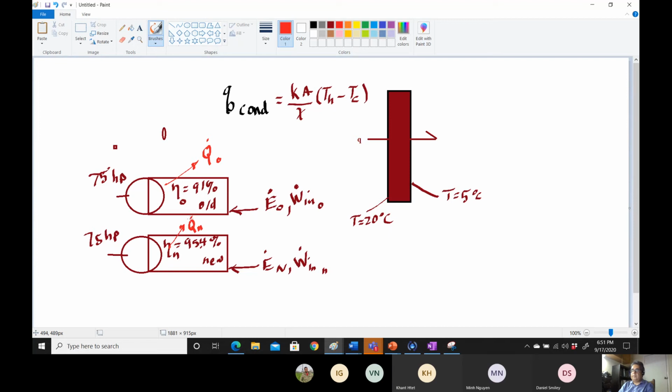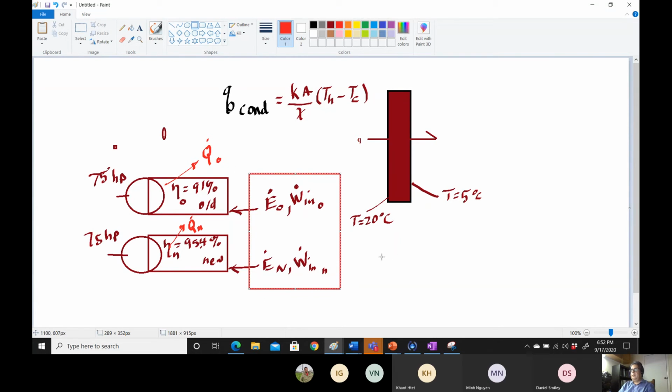There are many ways of doing this, but the bottom line is that you need to calculate the electricity for both, the work in. Then you subtract the two, and you're able to get the heat gain, the amount of heat you're reducing that goes into the room.